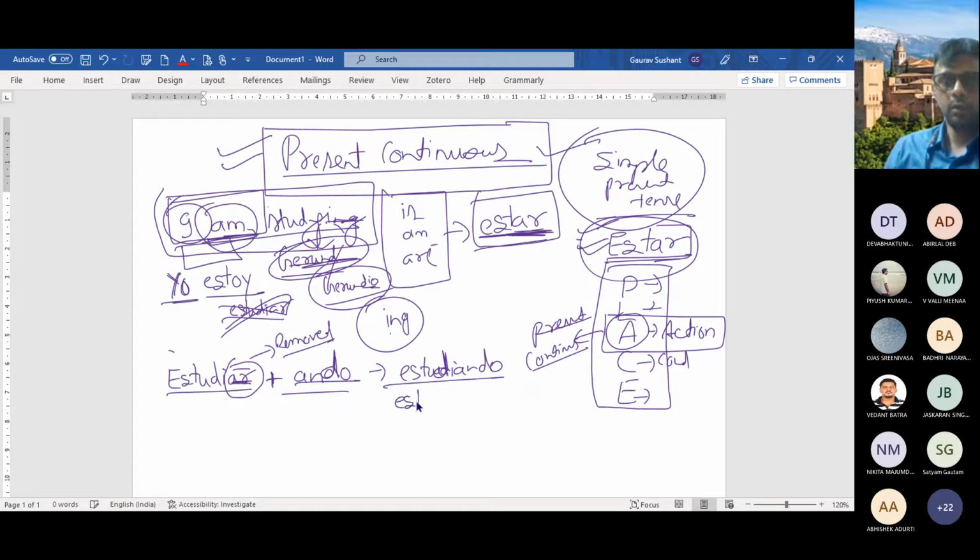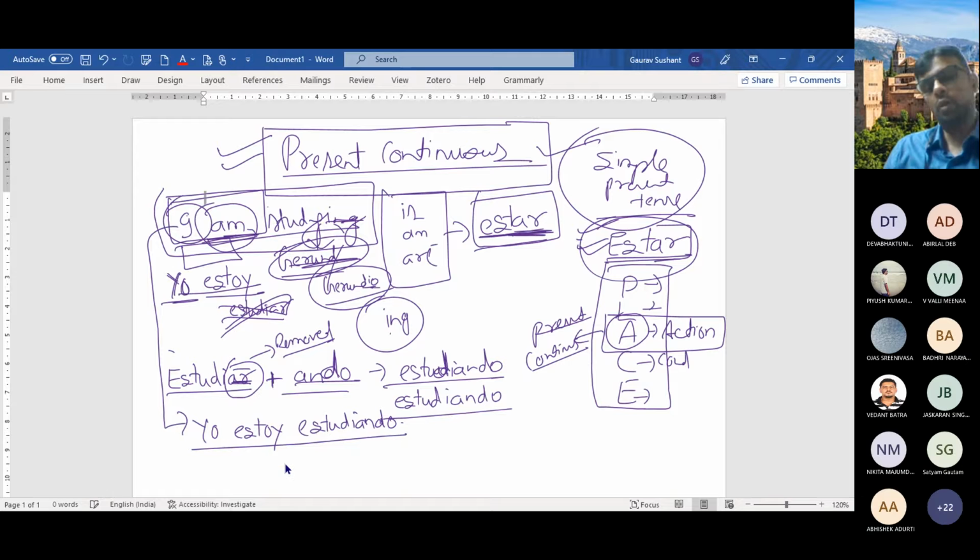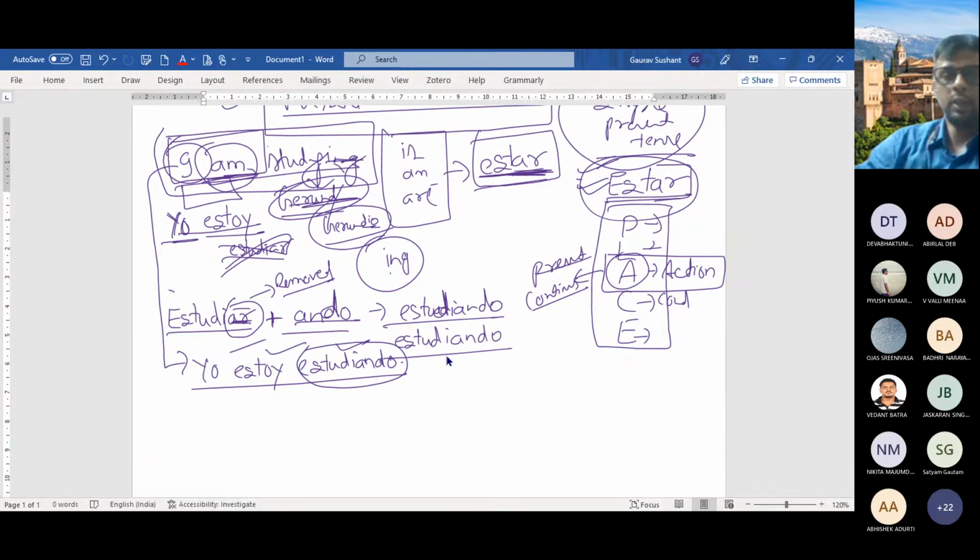I'm writing the complete sentence here. Yo estoy estudiando. So estudiando is a gerund form.